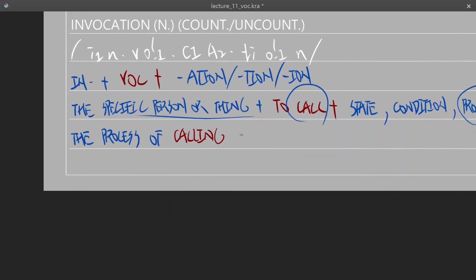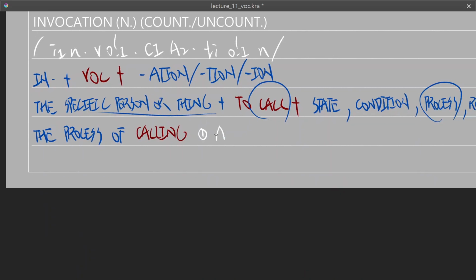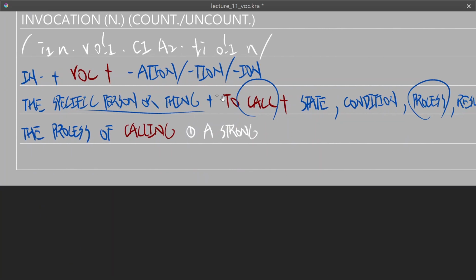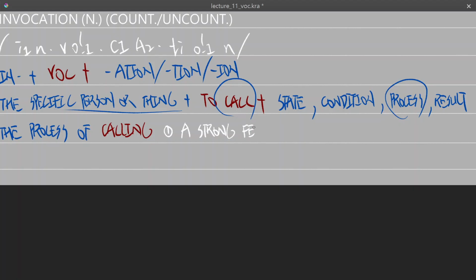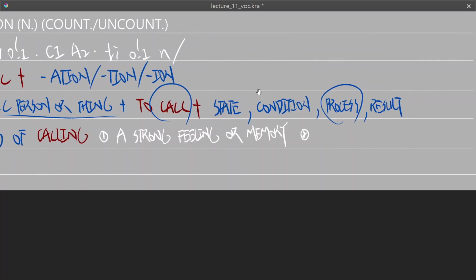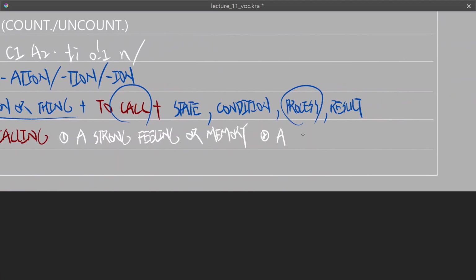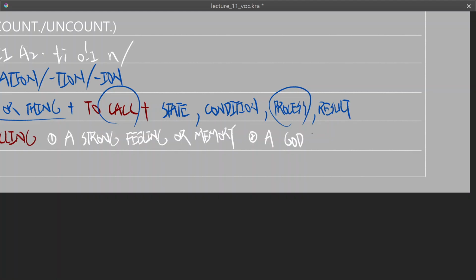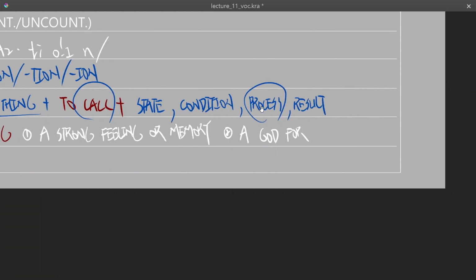Calling a strong feeling or memory, or we can call a god or gods for help.